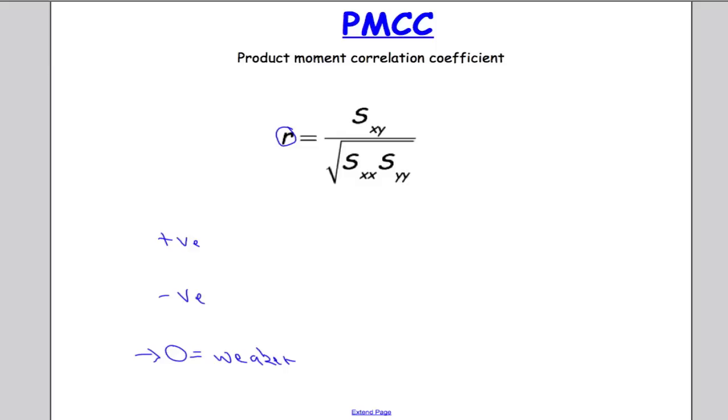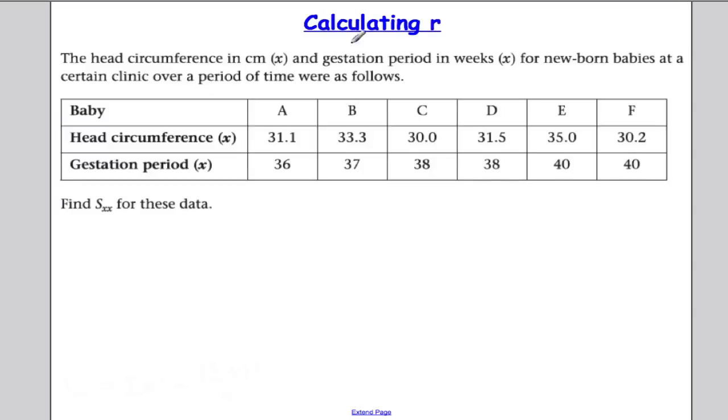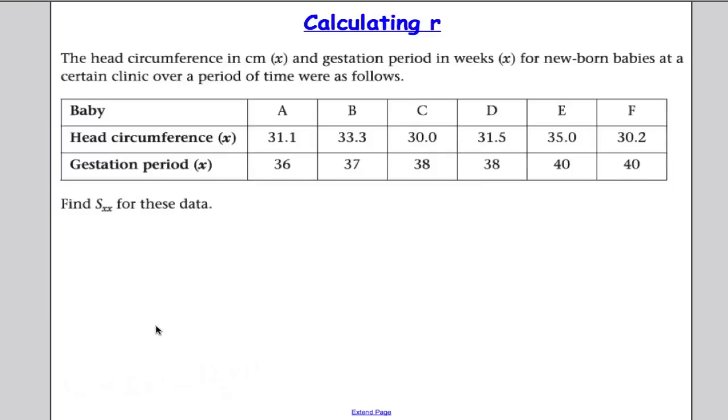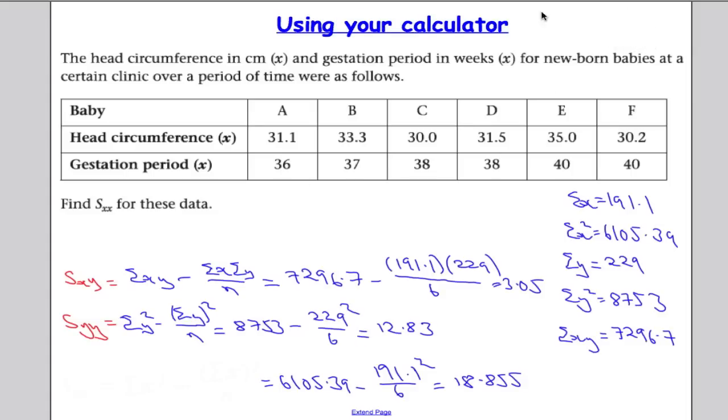Okay, so if we return to, say, this question here, and if I wanted to calculate R, let's just copy over the formula, which is also given in the formula book. So copying the formula over, and I'm going to hide it up here somewhere. Okay, there's two ways to do this. I'm also going to copy in the values that we had from earlier.